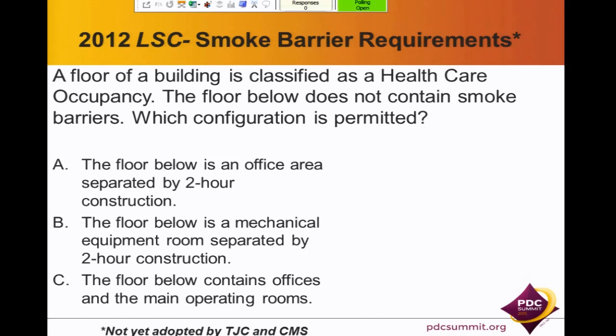It is not yet adopted by Joint Commission and CMS. We'll close the polling in just a moment.